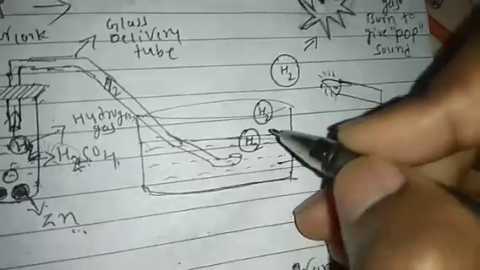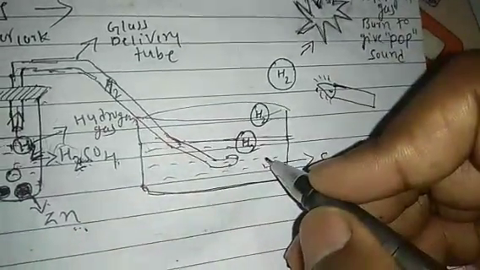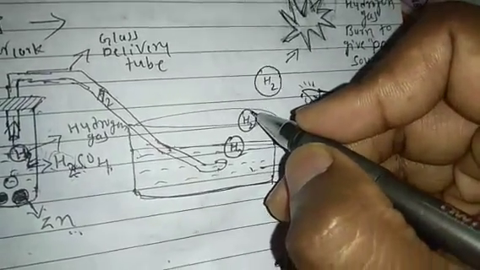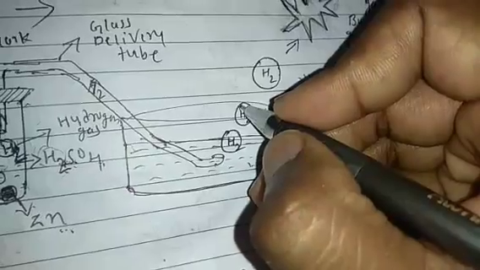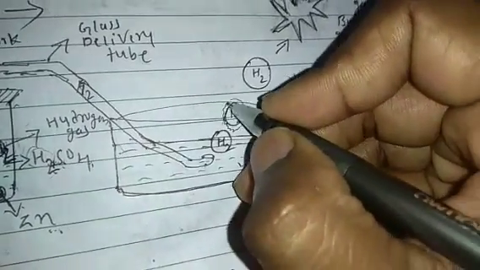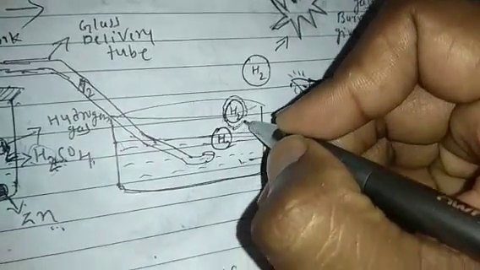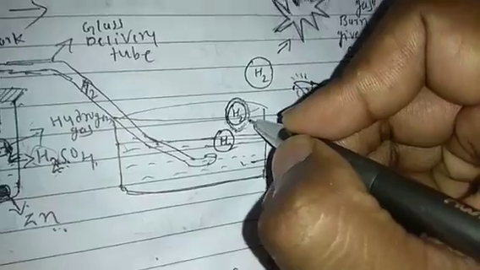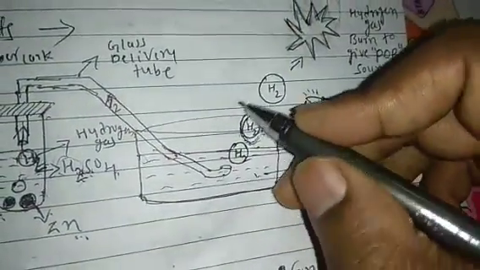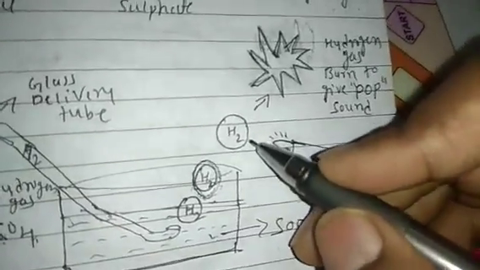And hydrogen gas is lighter than water, so that's why it comes out from the solution. The surface is covered with the soap solution. Right. So the soap solution bubbles are visible here. Actually, those are the hydrogen gas bubbles.